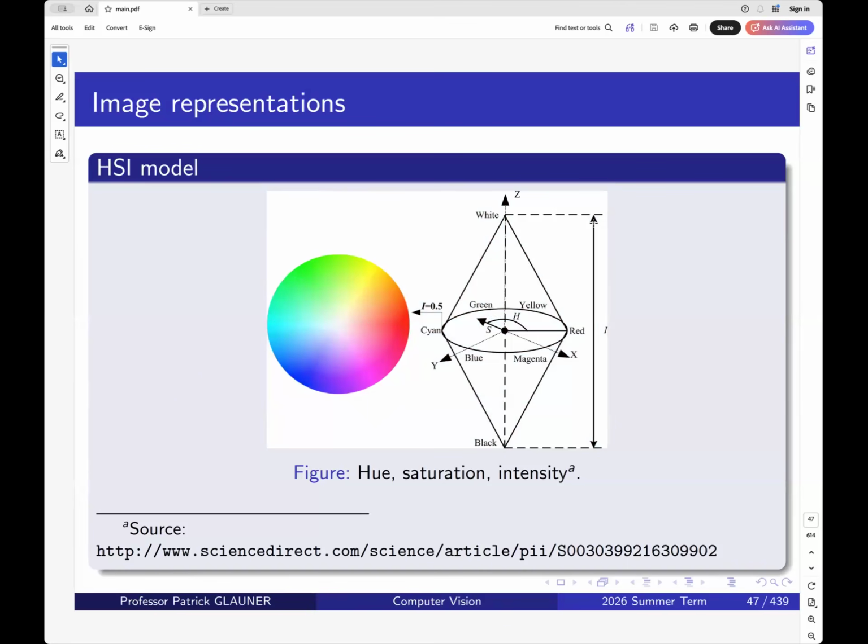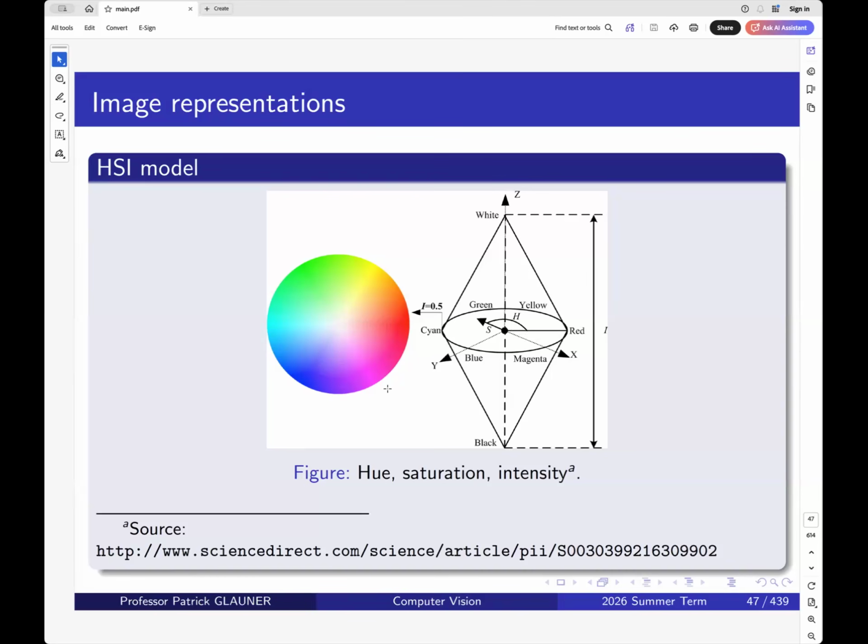And you also have an intensity. If you have the absolute highest value for intensity, you're up here and you just have a white pixel, while at the lowest possible intensity you would just have black. So you have these two cones, the upper cone and lower cone, in which you're operating.